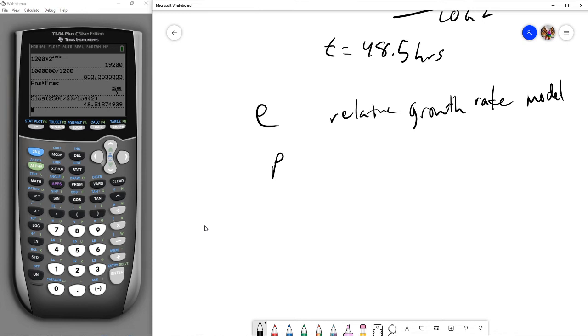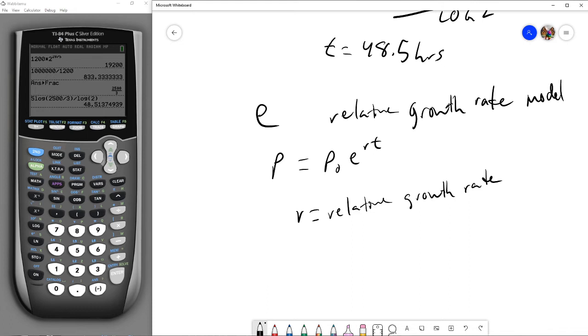Our population is going to equal, it'll look very similar, in fact we've already seen this before, P naught times e to the rt. So P naught is the same, e is the same, P and t are the same. This r is going to be our relative growth rate. So the question is, what is the relationship between relative growth rate and doubling time, those two different models?